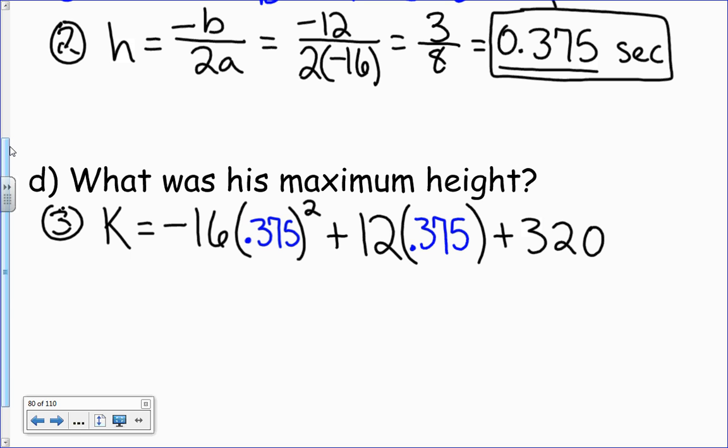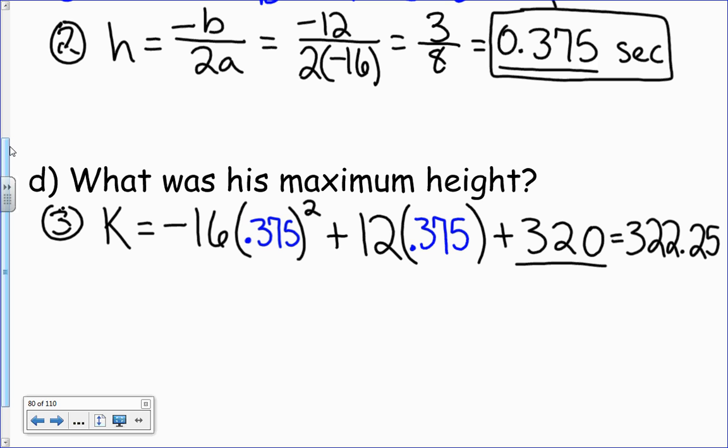And to find out what k is, I punched that into my calculator. Now, obviously, k is going to be a little more than 320 because that's where you started. All right? So, let's see. We got negative 16 times 0.375 squared plus 12 times 0.375 plus 320. And it gives us 322.25. That makes sense because you started at 320.